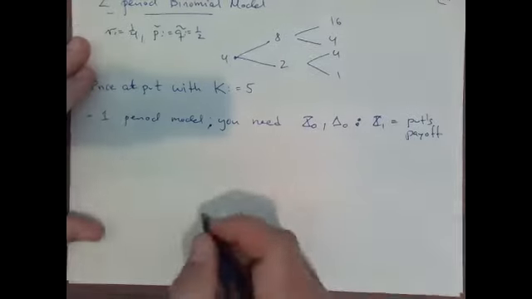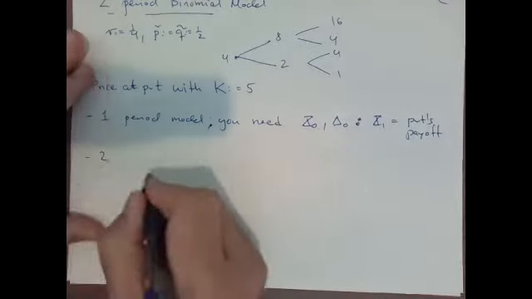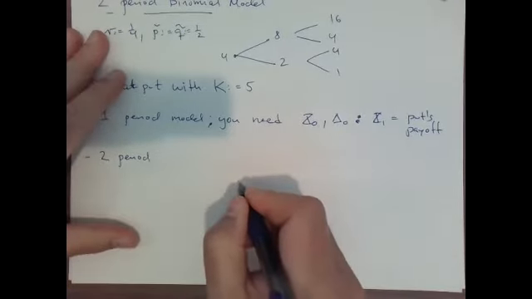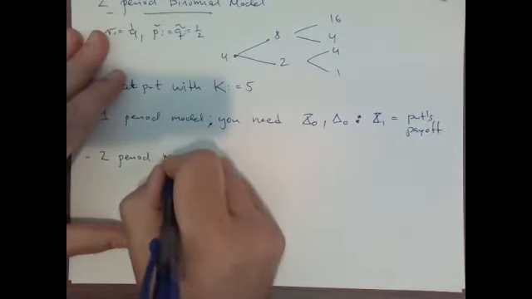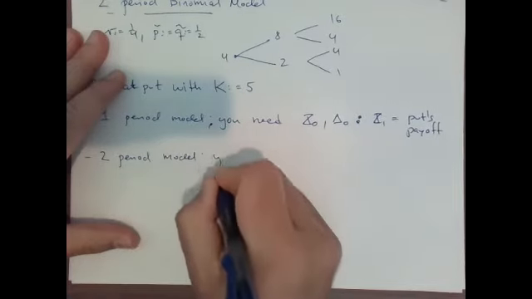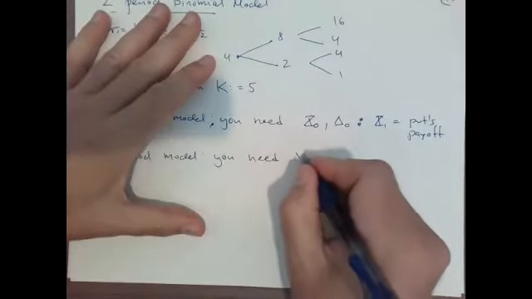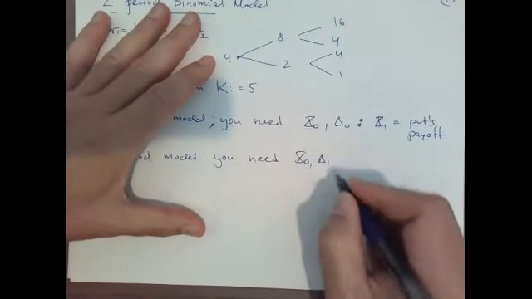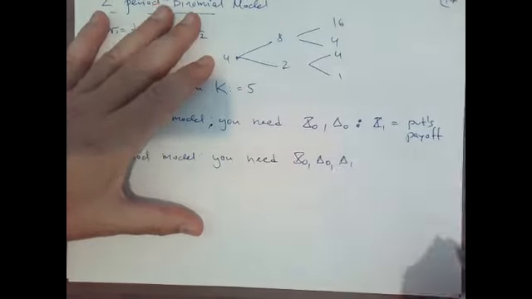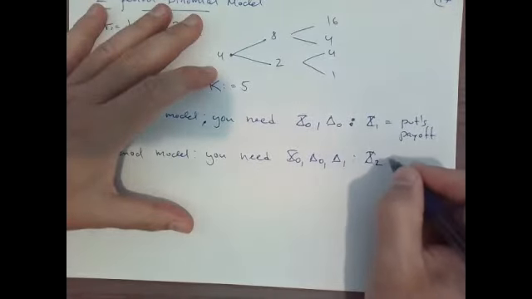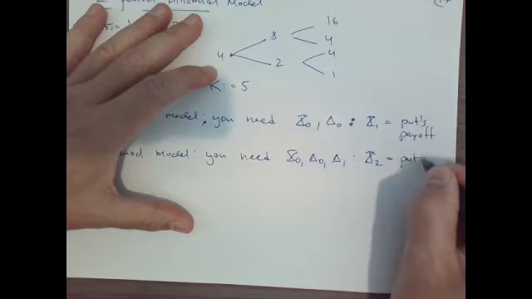So now we're moving into something that's more complicated. We do a 2-period model. You need the same structure. You need x0, you need delta 0, but you also need the stock position at time 1, such that your wealth at time 2 is equal to the put's payoff.